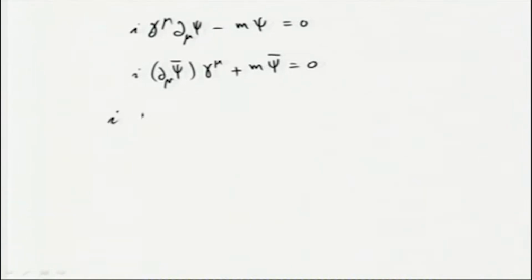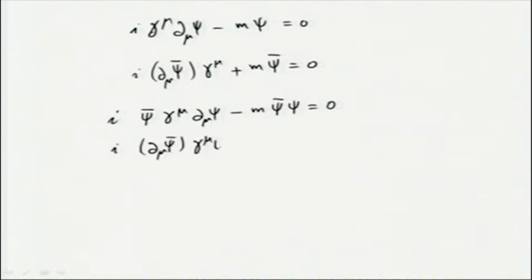So, that will give me I psi bar gamma mu dou mu psi minus m psi bar psi equal to 0, and the second equation multiply by psi from the right, I dou mu psi bar gamma mu psi plus m psi bar psi equal to 0. Okay. So, add these two sets.